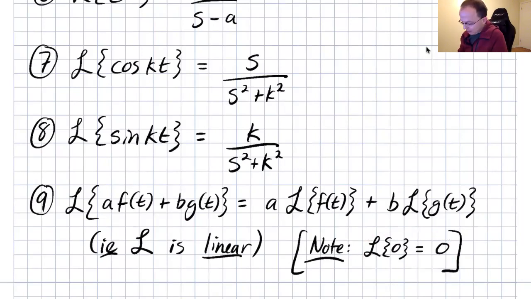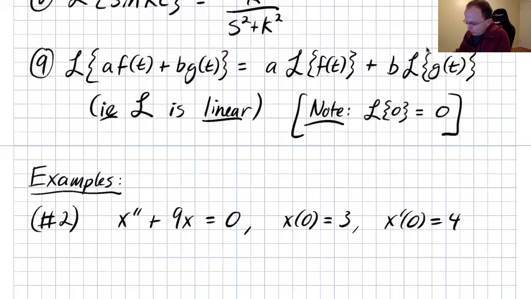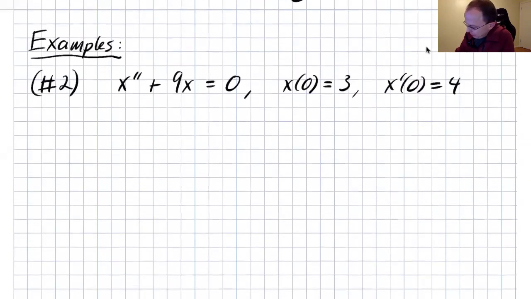Okay, so there are the initial Laplace transforms that we'll need for today. What we'll do is examples that use each of these properties. So let's start with this first example.